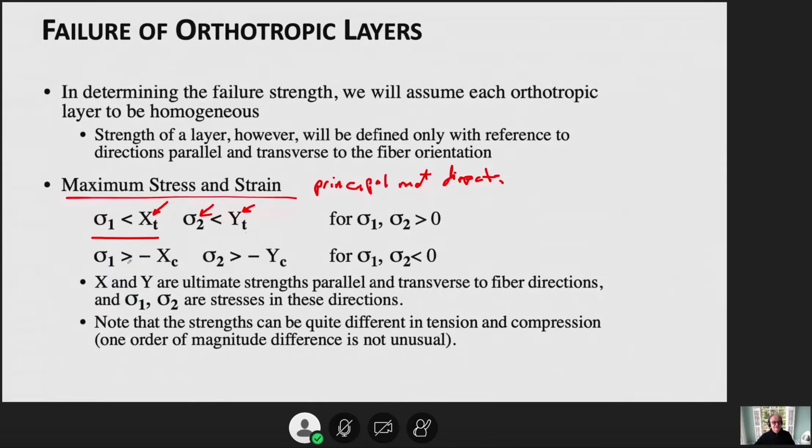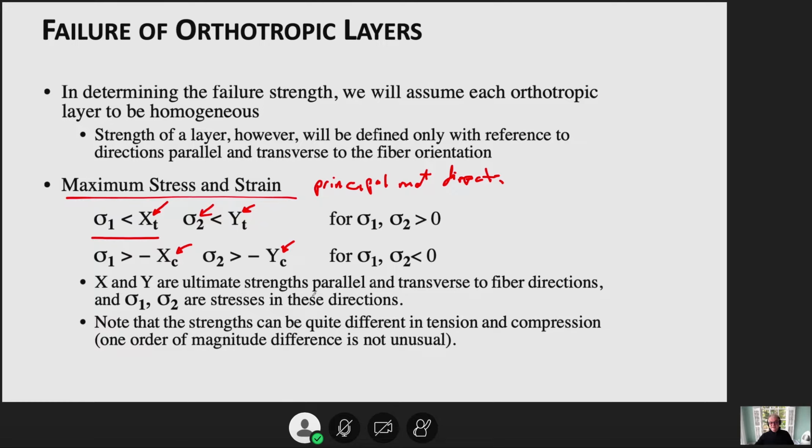Then we do the same thing for compression, and there's potentially a different value for the compressive strength of the fiber and compressive strength of the matrix. Though often Y's are closer to one another, YT and YC, than XT and XC. There is usually a substantially big difference between XT and XC.